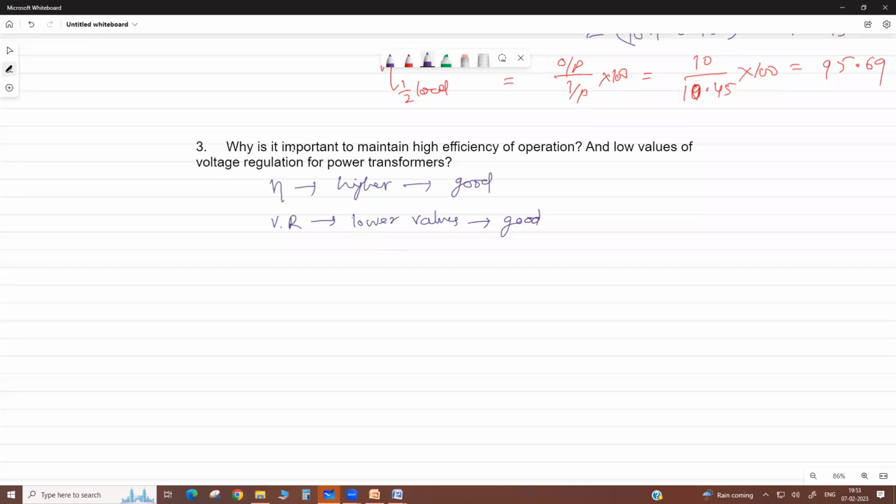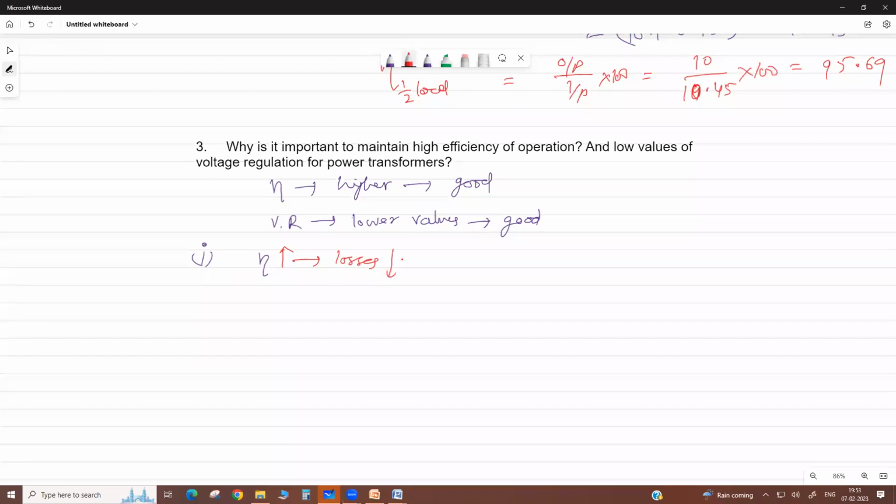So why do we consider high efficiency? Higher efficiency means very simple: your losses will be low.